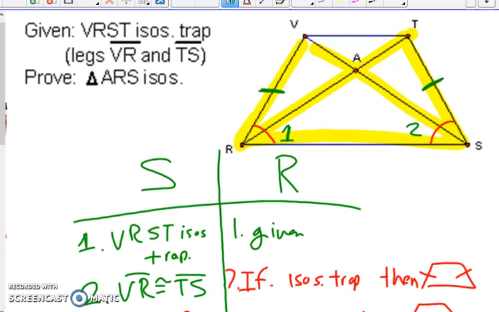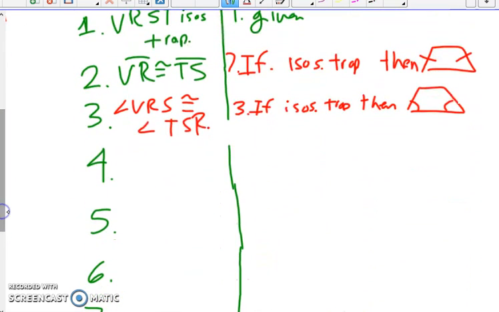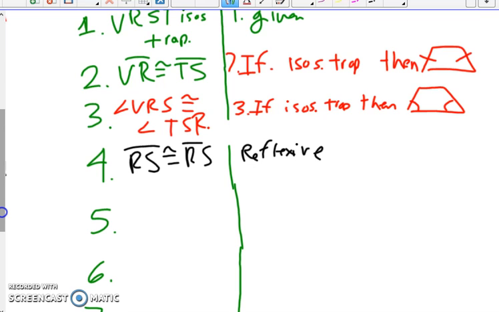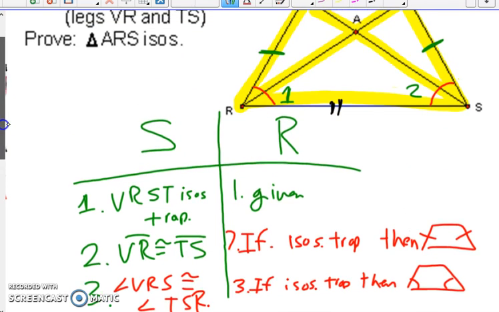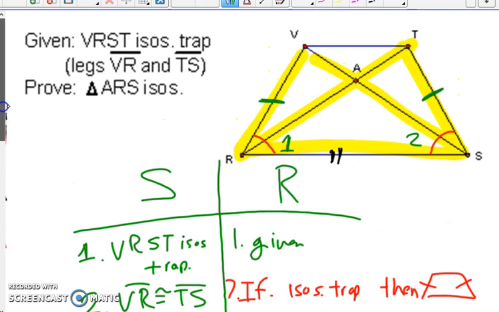Okay, so before we prove those triangles congruent, we need to say RS is congruent to RS by reflexive. And if you look back up at our picture, the shortcut we are using is side, angle, side.